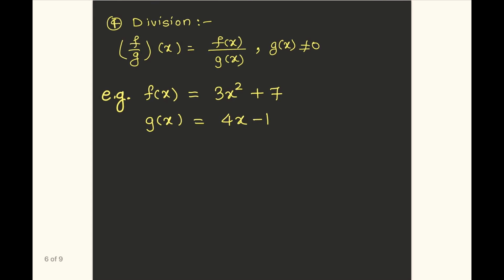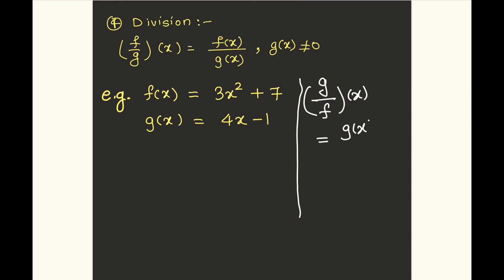Now the next example is division. In this one we will divide f of x by g of x. Here I can give you a little explanation on the side. Suppose instead of f over g, I had g over f of x, then I would do g of x divided by f of x instead of calculating f over g.